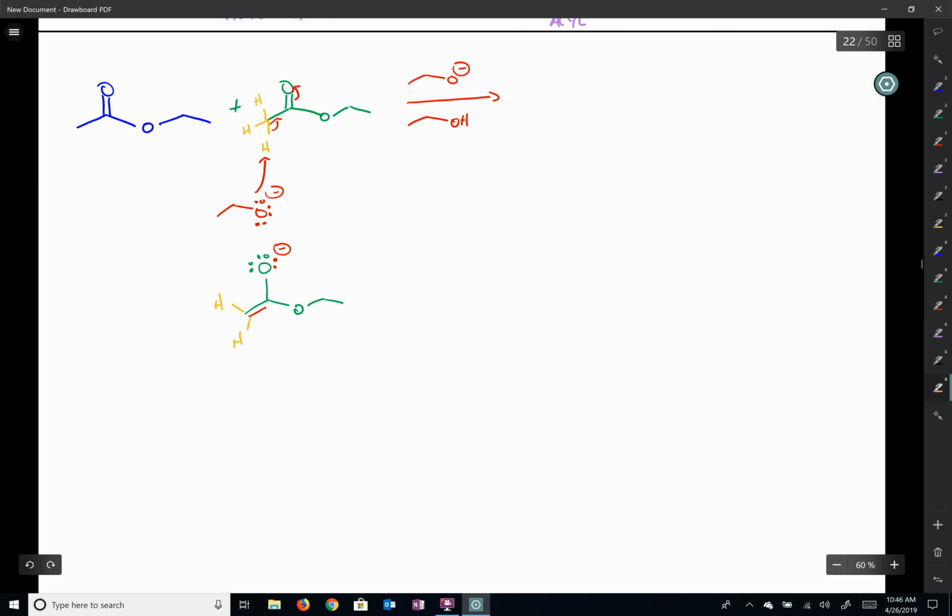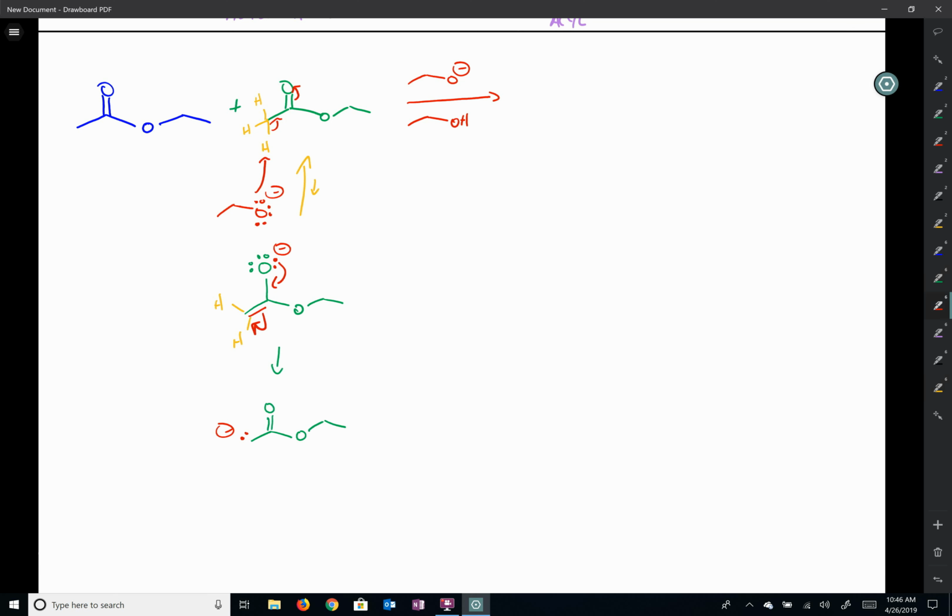We'd end up with our enolate, although remember, equilibrium is really going to favor the ester. But what is going to be useful for us in terms of reactivity is to work with this resonance form here, where we have the alpha carbon with a negative charge.